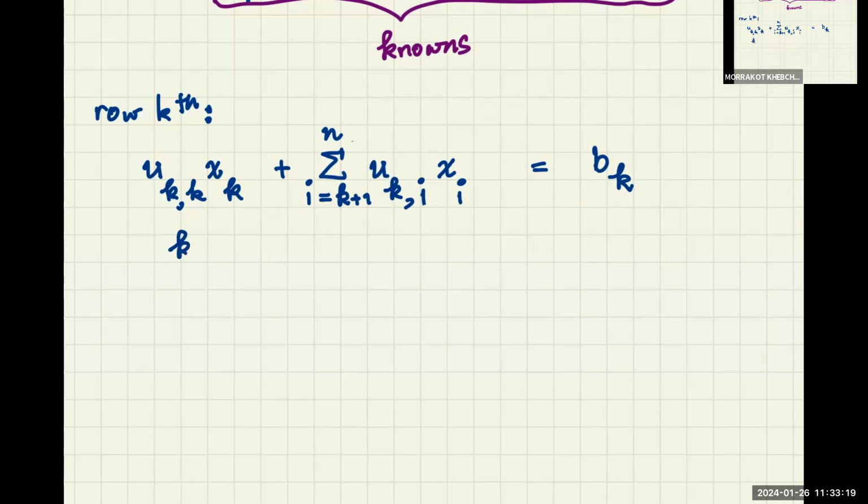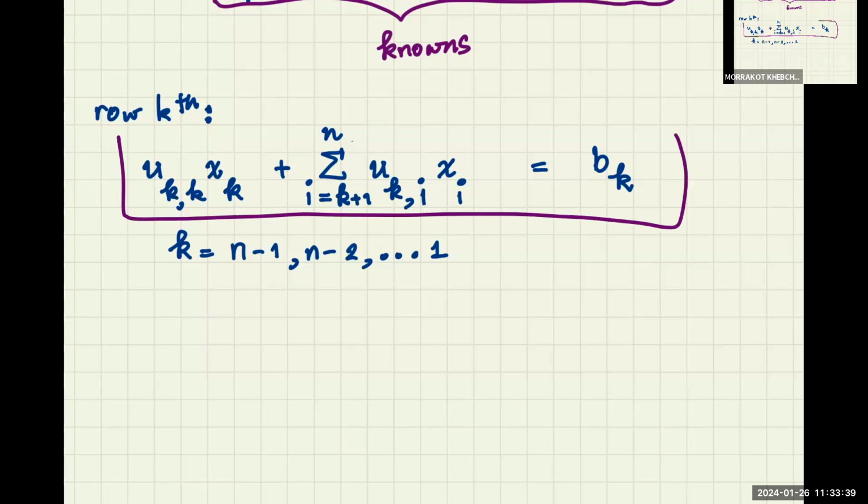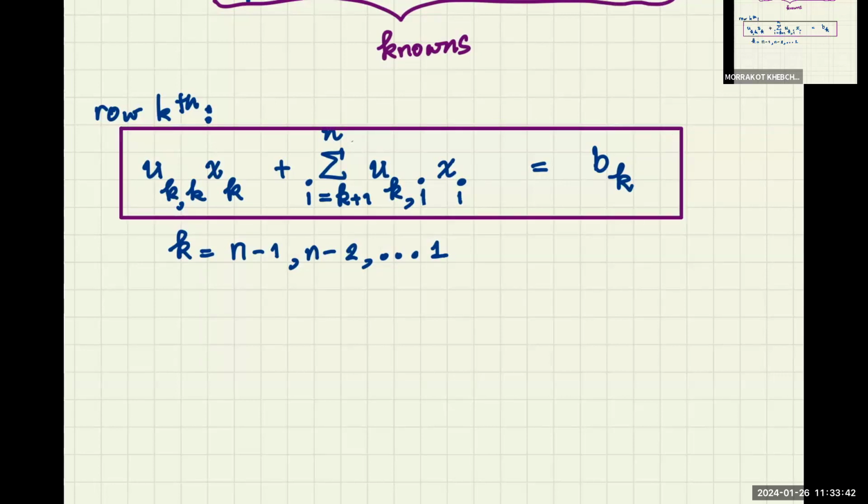And for this one, k starts from n minus 1, n minus 2, and goes down to 1, right? If you write the computer code, you start with n, say 1000, and use the same algorithm until you get down to 1.